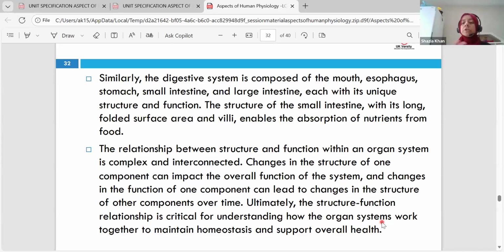And in the digestive system there are villi, the finger-like projections within the small intestine, which help in absorption of nutrients from the food. So there are different relationships. If one is not working, the other fails to work as well.